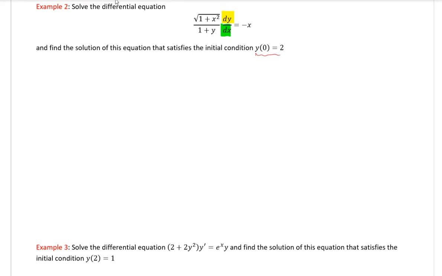So then if I do that appropriately, 1 + y and dy are going to stay over here on the left, so we'll get dy/(1 + y) = ... And if I multiply the dx over and divide the 1 + x² in a root over, I get -x dx over the square root of 1 + x².